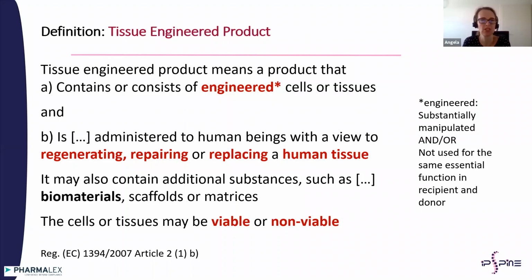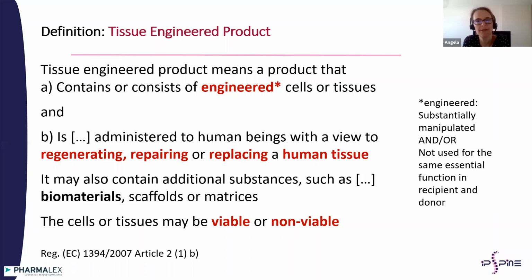Part A of the definition says it contains or consists of engineered cells or tissues. So first of all, you think, wow, this time the cells are engineered. So let's take a look at what engineered means. And interestingly, this means substantially manipulated and/or not used for the same essential function in recipient and donor.